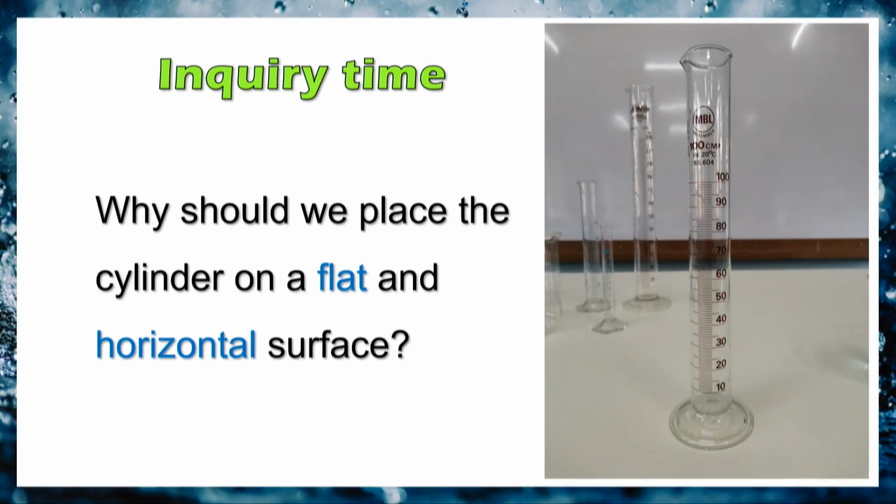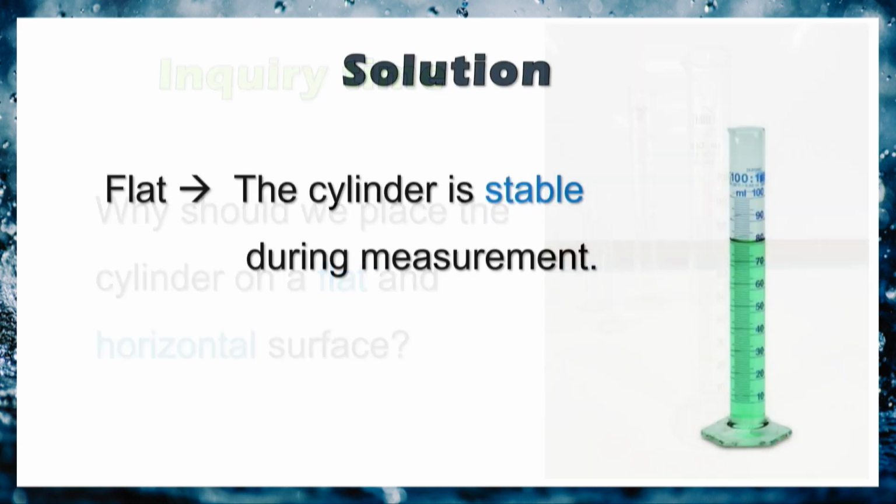Here is a second question for you. Why should we place the cylinder on a flat and horizontal surface? In fact, the surface has to be flat so that the measuring cylinder is stable during measurement.